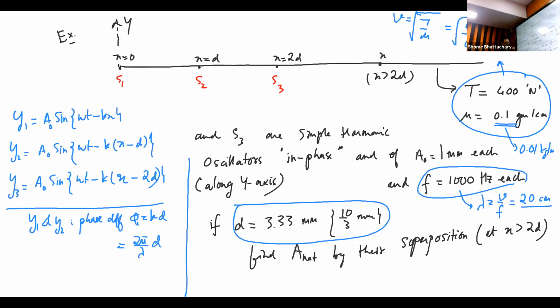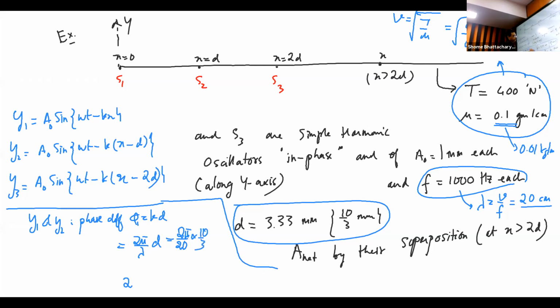So it is 2 pi by 20 centimeters into 10 by 3.